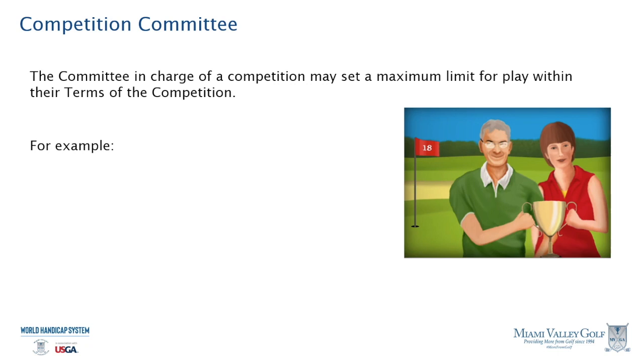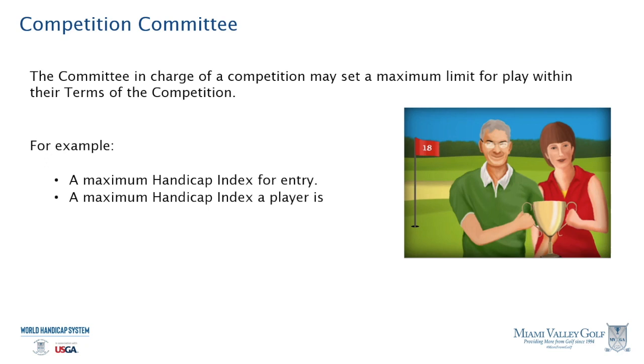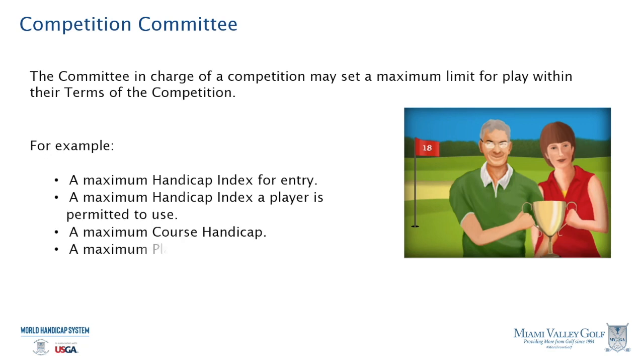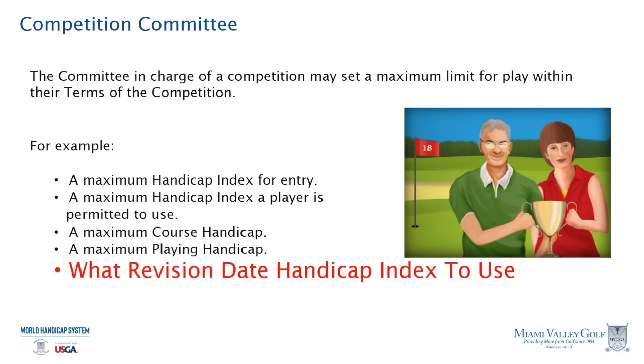handicap index, a minimum, maximum for entry. A maximum handicap index for a player permitted to use, a maximum course handicap, playing handicap, clearly they're different, and what revision date index to use.